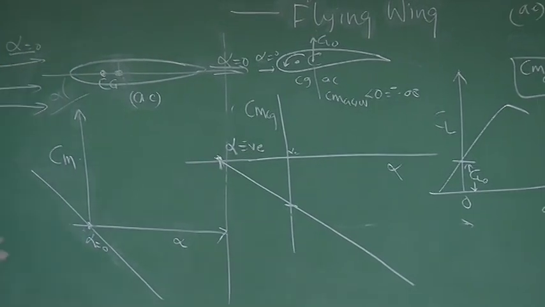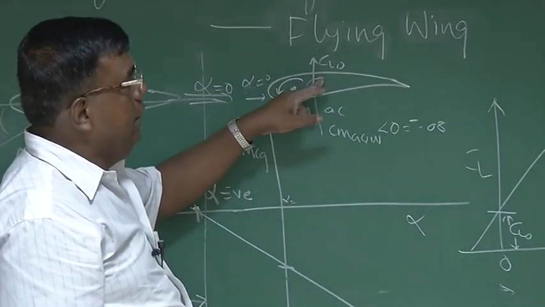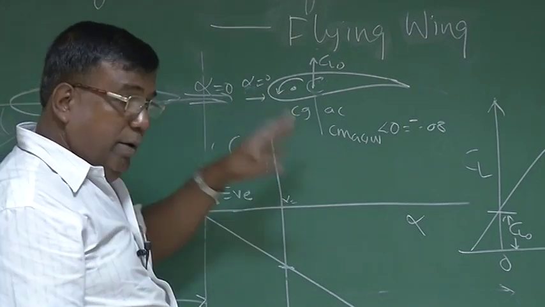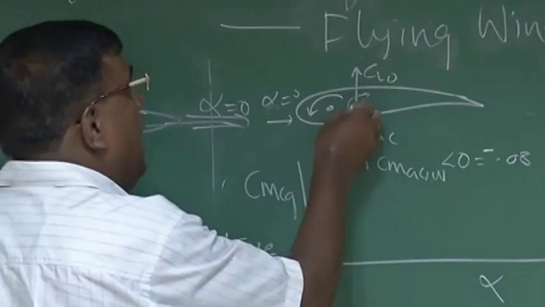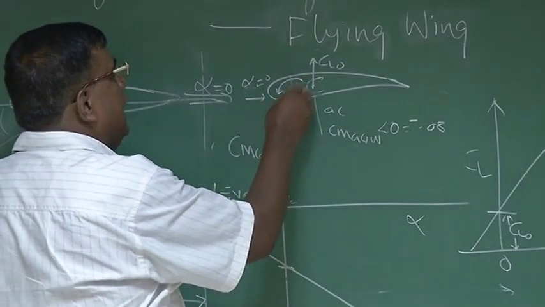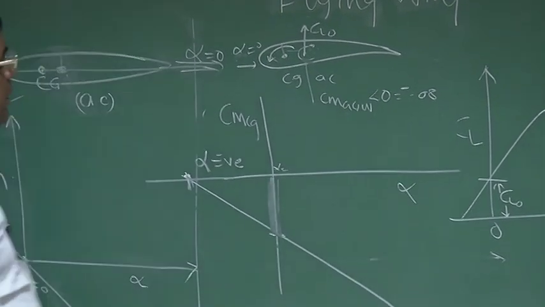Please understand, whenever I write CMAC wing, I give a clockwise arrow as a matter of convention for a positive direction. But I know by number the CMAC wing is negative, right? So this CMAC wing and CL naught into this distance non-dimensionalized, that will give a nose down moment. So we know that at alpha equal to 0, I will get a negative moment.